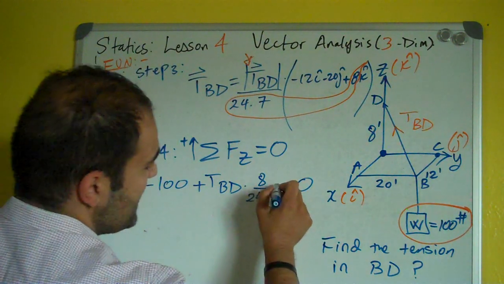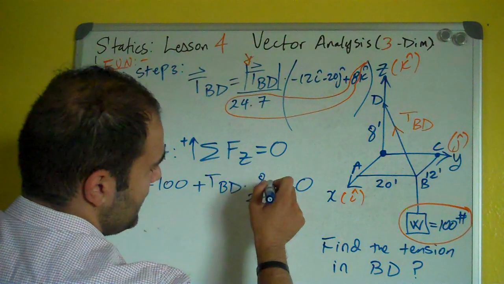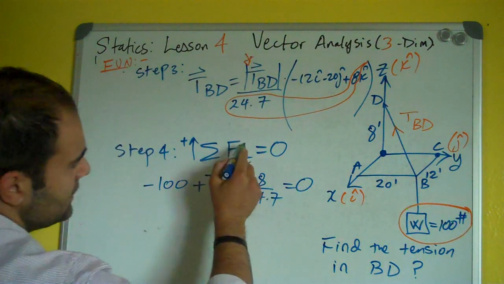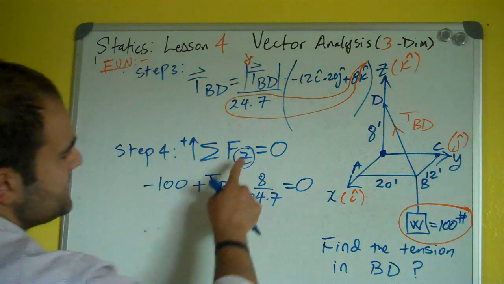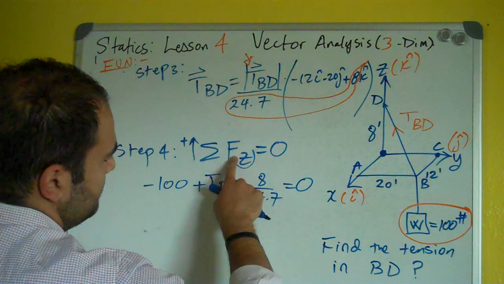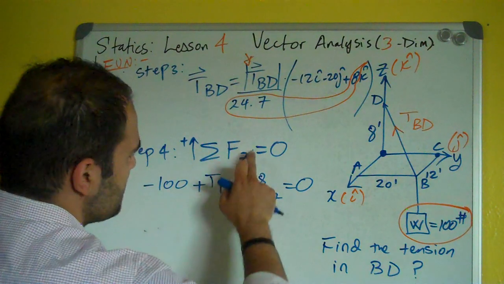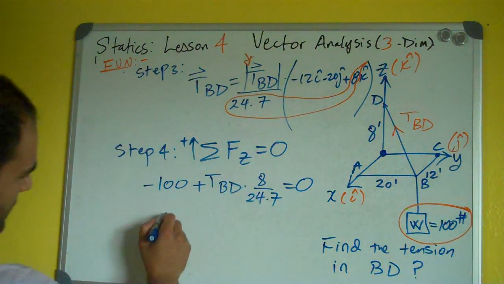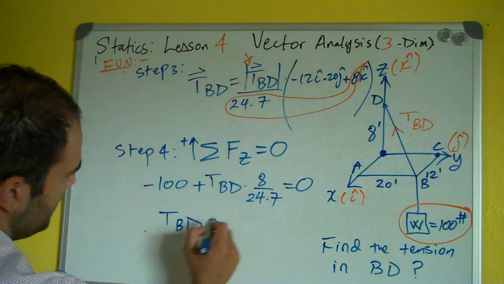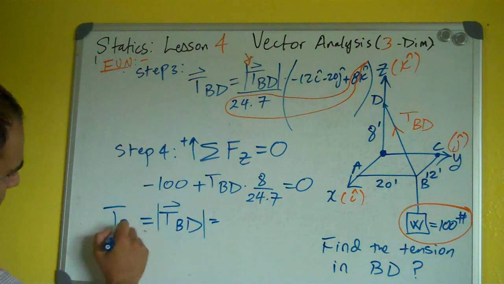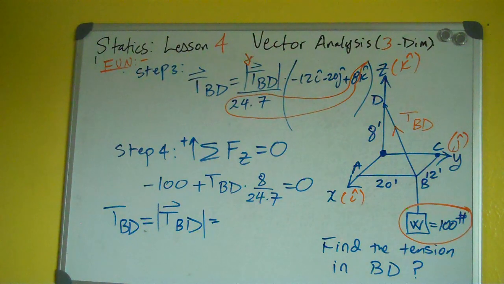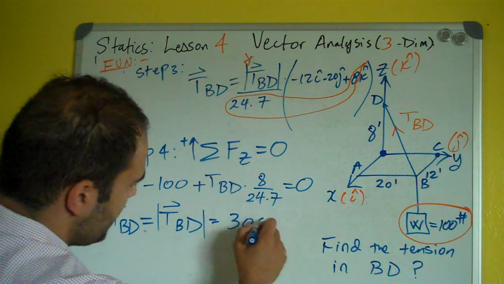Don't put j or k or anything because you are already denoting that you're summing the forces in the z direction. Sorry. So solving this, one equation, one unknown, sometimes you see me do this, sometimes you see me just write T_BD, and that is going to be equal to 308 pounds.